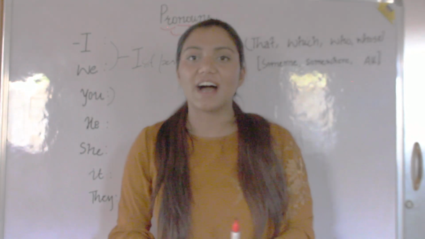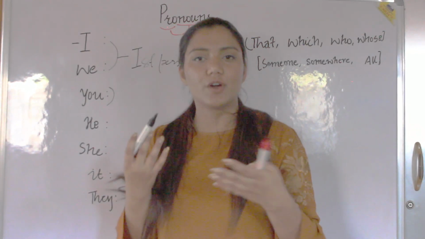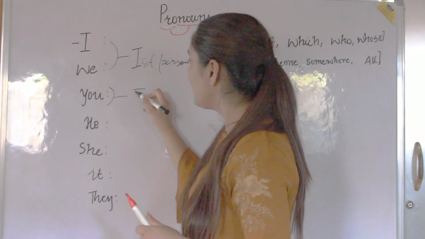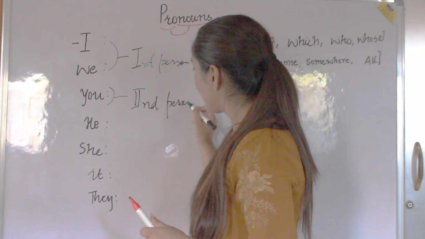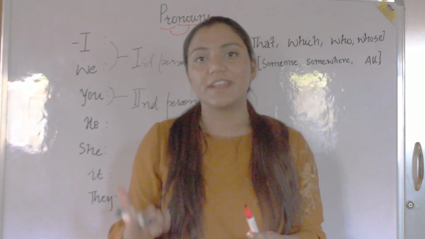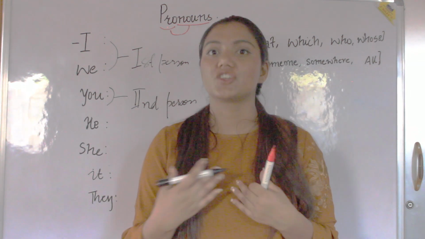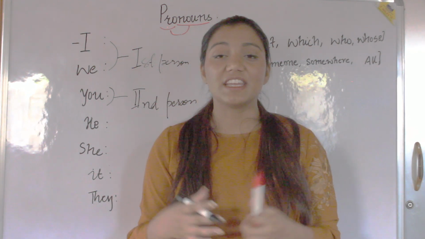You. If I am talking to you, I say you are a good girl, or you are a good boy, then you are listening to me. Thus you become the second person. And now we are talking about someone else. My brother, he is very intelligent. My sister, she is very beautiful. My cat, it is very noisy.